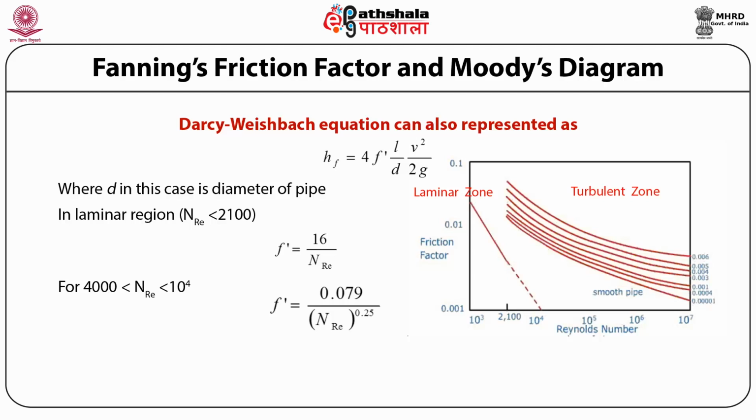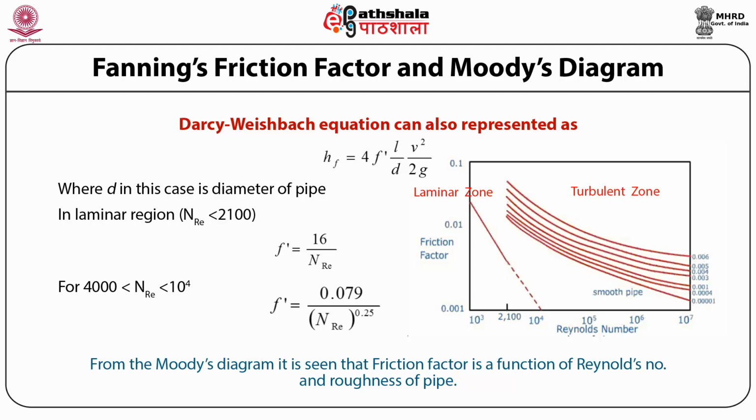That means in calculation we will take the help of this Moody's diagram to calculate the friction factor at different roughness of pipe at particular velocity of flow, that is in the form of Reynolds number. The roughness of pipe can also be found from literature for different materials, like roughness is less in case of stainless steel compared to plastic or wood.